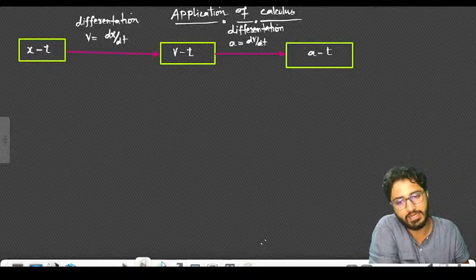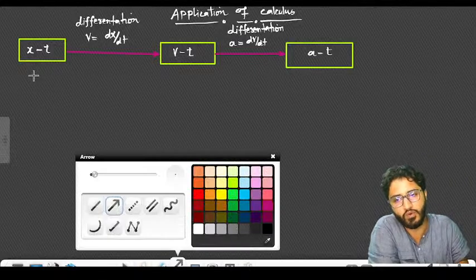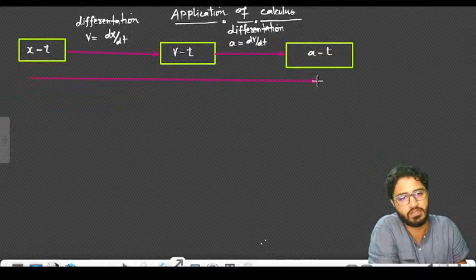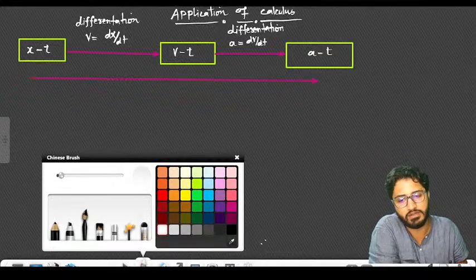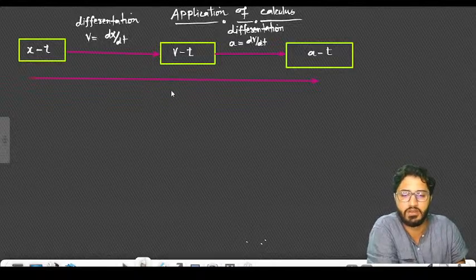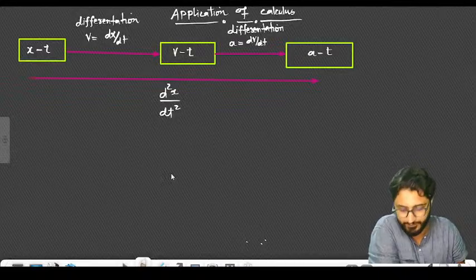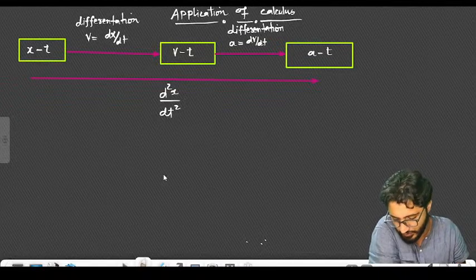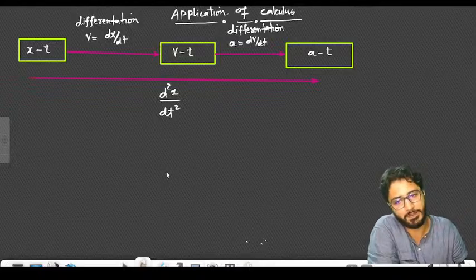Or directly, if you want to go from x(t) to a(t), there is one direct method, that is d square x by dt square. This is what calculus is.